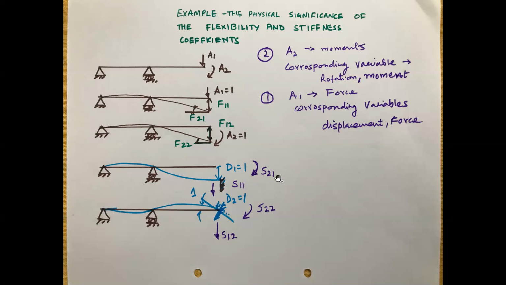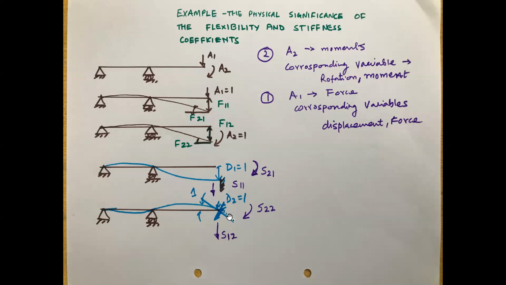Now what is S21? 2 denotes the moment or the rotation. So S21 is always the second moment, and because of the unit allowed displacement, vertical deflection, and S11 is a vertical force. The first is saying that deflection, and second subscript saying where I am allowing unit displacement.